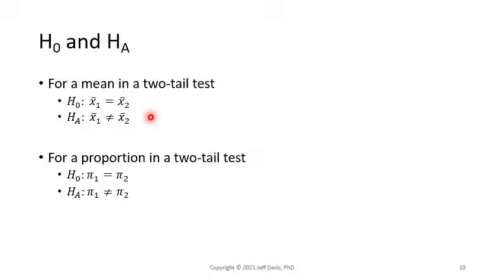We could also say the mean for group 1 minus the mean of group 2 is equal to 0, no difference. The alternative is that the two group means are not the same. In a similar vein, the null says the proportion for group 1 is the same as the proportion for group 2, and the alternative says the proportion for group 1 is different from the proportion for group 2. So again, not too much different from what you would see in the single sample t-test.